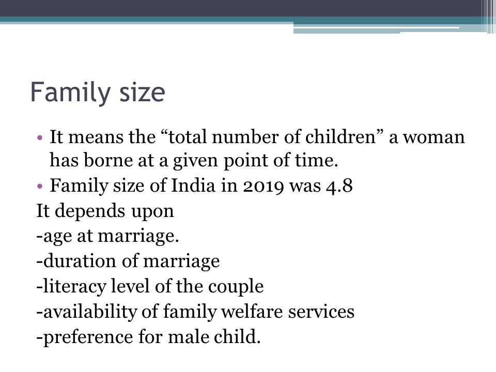So, the reception of the various planning services is better. Then is the availability of the family welfare services. The easier the availability of the services, the higher will be the rate of acceptance of the family planning measures.